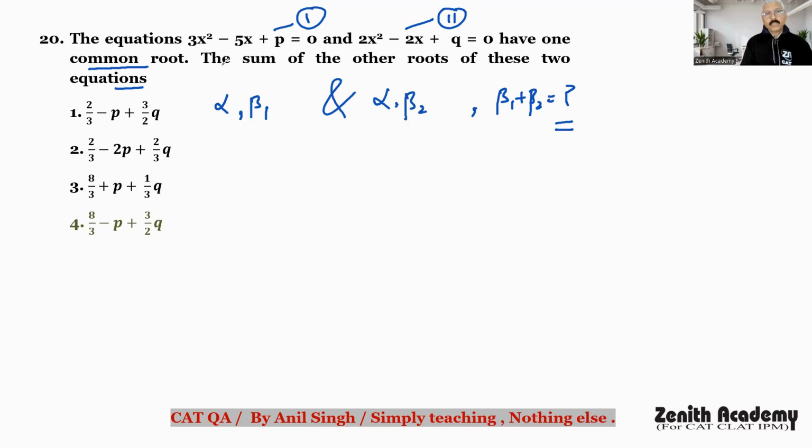As we know, for a quadratic equation, the sum of roots is minus b upon a. So alpha plus beta 1 is 5 by 3, and alpha into beta 1 is p by 3.